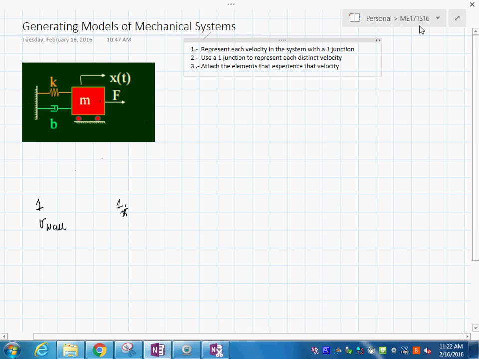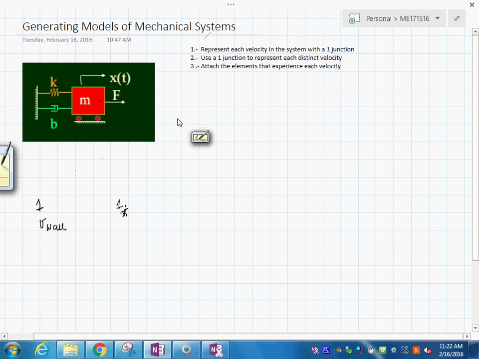Each velocity. Okay, so in here we go. You see you have it on the right hand side. You have this force in here. So we need to represent that.